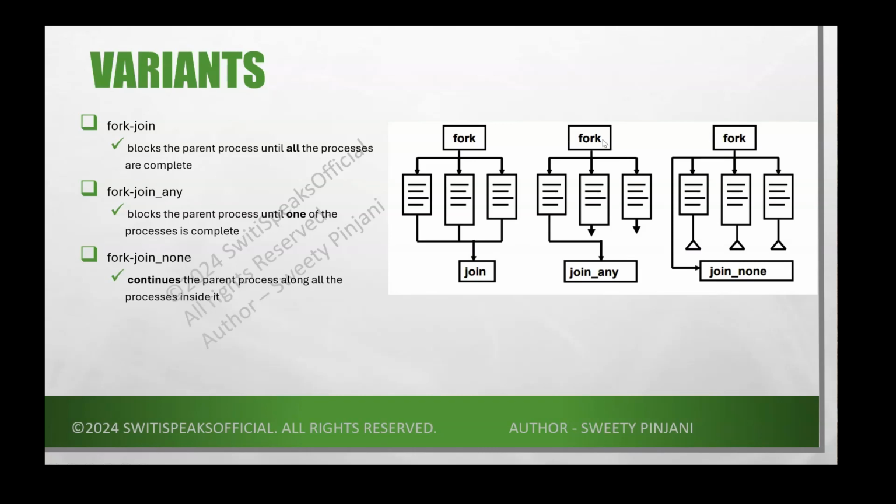In case of fork join any, if any of its threads, say thread one, completes execution first, it is coming out, and the parent process, the statements after this, will also start executing. In case of fork join none, if you see, even if none of the processes are completed, the parent process is still continuing to execute along with this fork join none. Now let us understand all these things with the help of code.